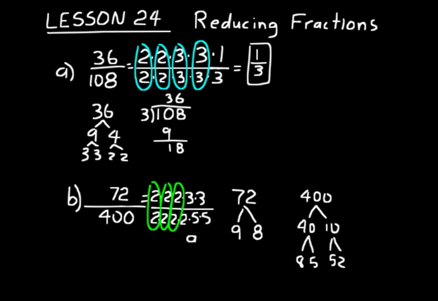So let's write that down right here. 9 over 2 times 5 times 5 would be 9 over 50, and that's the smallest that we can reduce that fraction into. That's its lowest terms, 9/50ths. It's also called simplifying a fraction. We can't simplify 72 over 400 any more than 9 over 50.